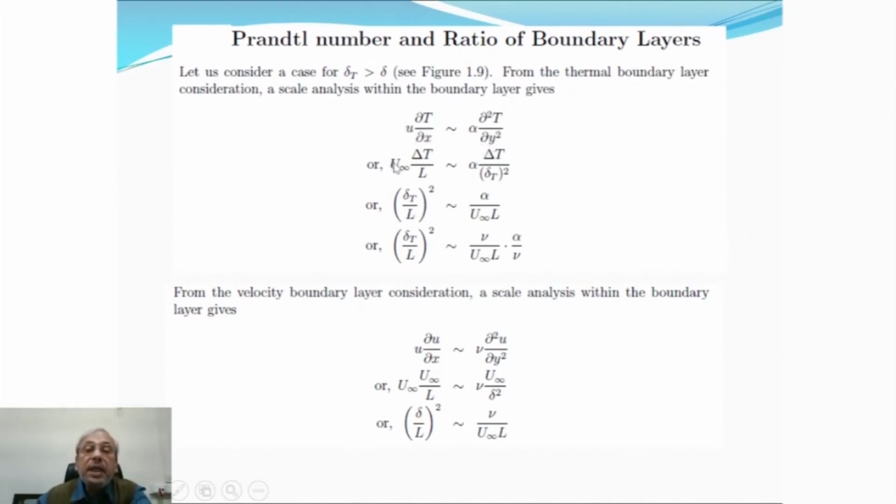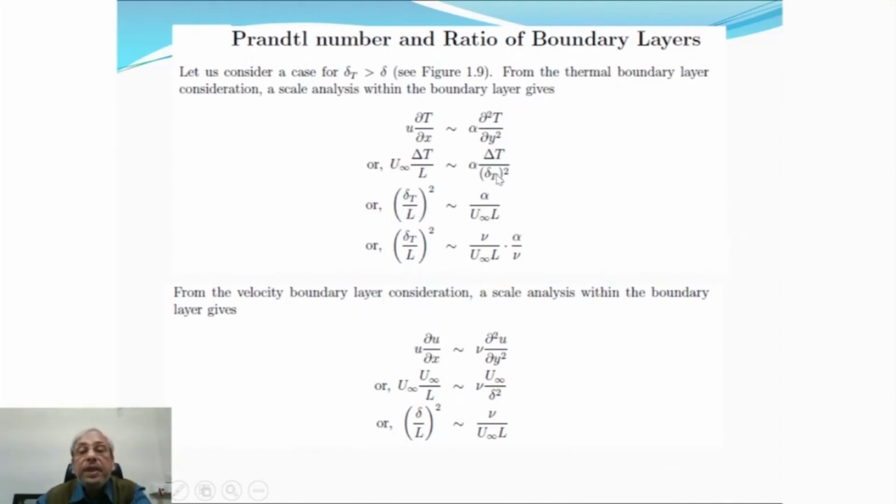So we can say U∞ times ΔT over L is proportional to α times ΔT divided by the thermal boundary layer thickness squared, δ_T². So from here we can write δ_T/L squared is proportional to α by U∞ into L.